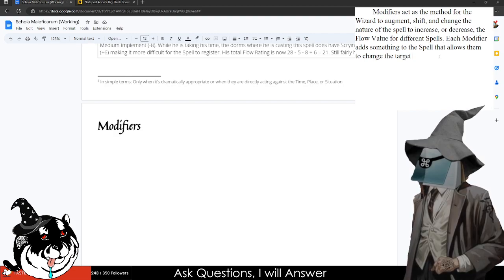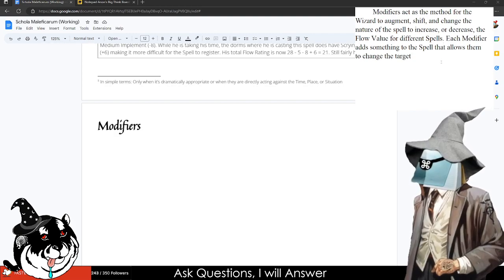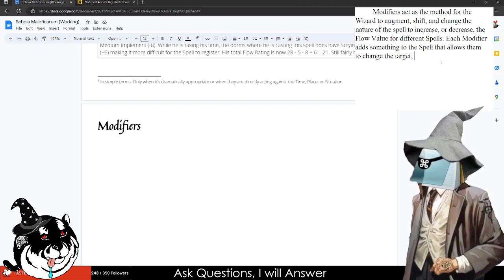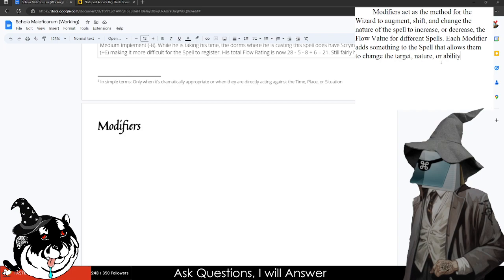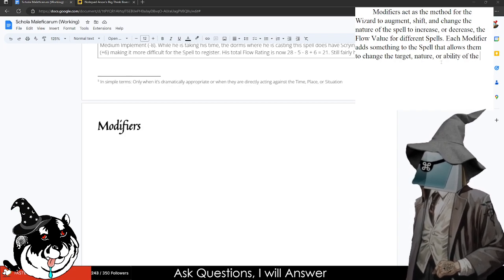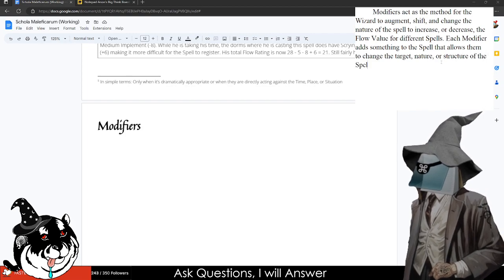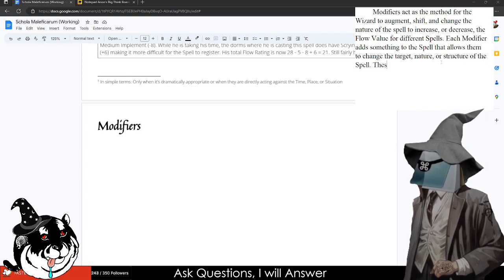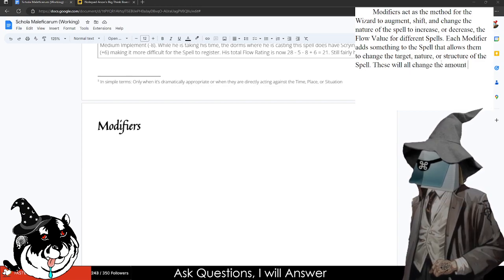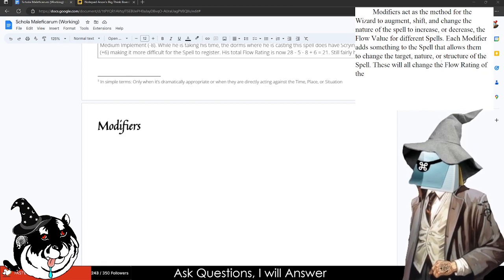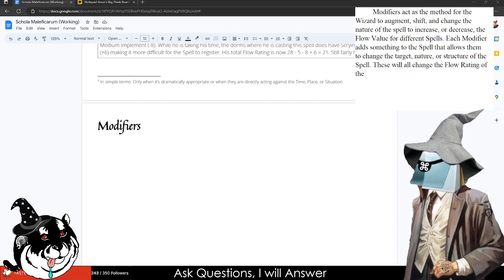It's awful. Let's see, each modifier adds something to the spell that allows them to change the target. These will all change the flow rating of the spell.